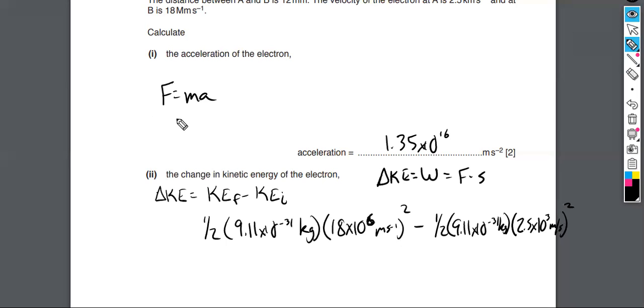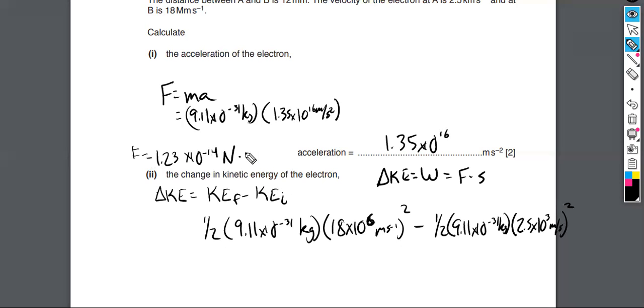So the force would equal 9.11 by 10 to the negative 31 kilos times 1.35 by 10 to the 16. So I get a force of 1.23 by 10 to the negative 14 newtons.